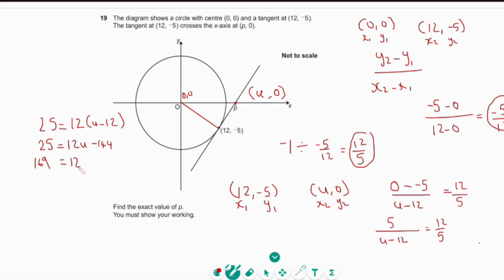Divide both sides by 12. So our value for u is 169 over 12. If you've written it as a decimal, it's 14.083 recurring. We could have it as a mixed number fraction. Any of those answers are correct.